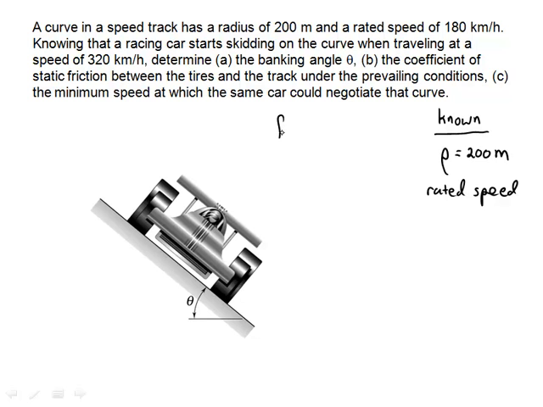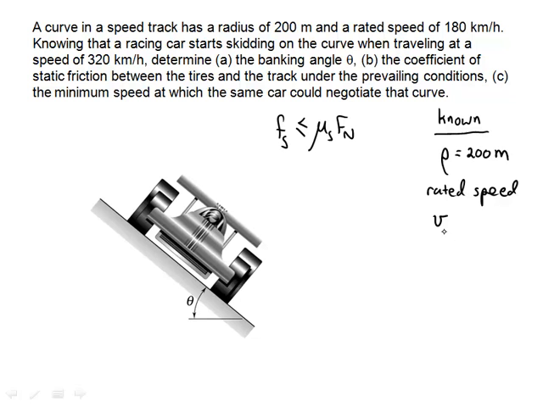Keep in mind, the static frictional force is less than or equal to mu static times the normal force. So in the case of the rated speed, the static frictional force is zero, which is of course less than mu s times the normal force. There's still a normal force, there's still a gravitational force, but the frictional force is zero.